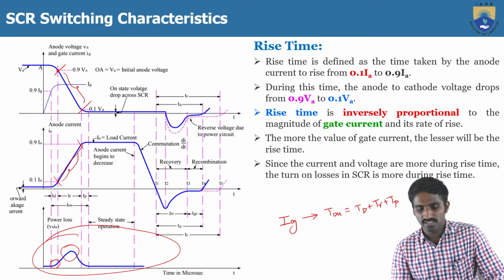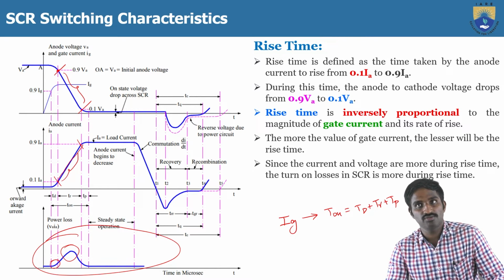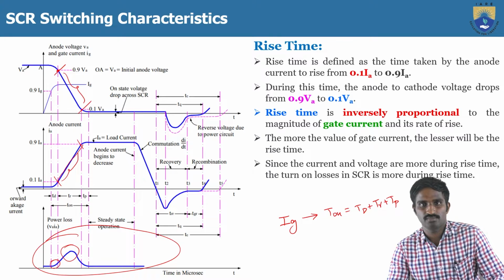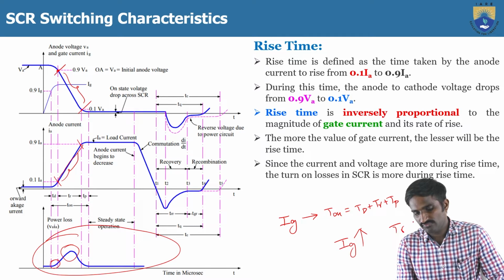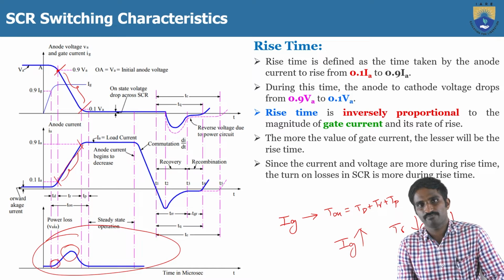Here, as you can see, the rise time is inversely proportional to the magnitude of the gate current. If you increase the gate current, the rise time will decrease. So IG is inversely proportional to TR. This is about the rise time.